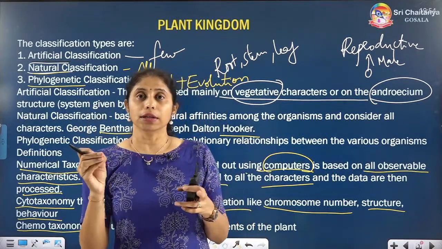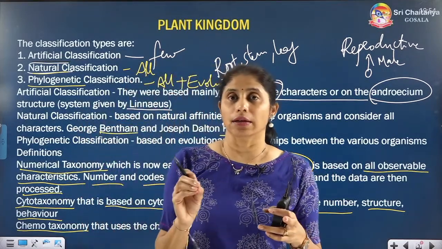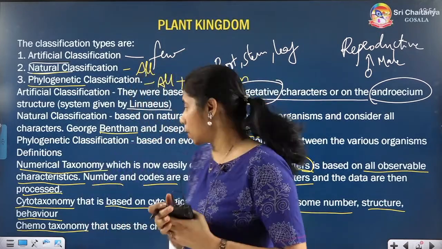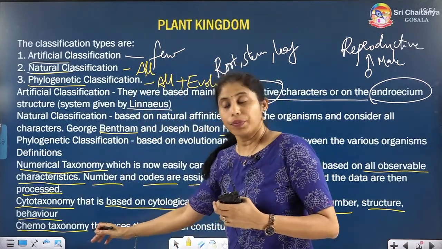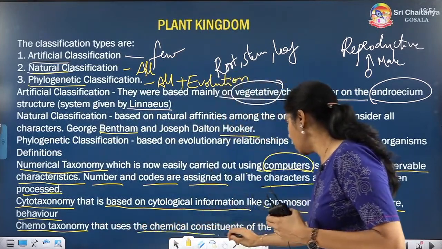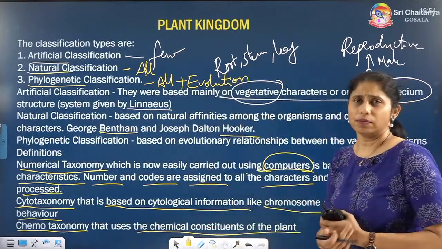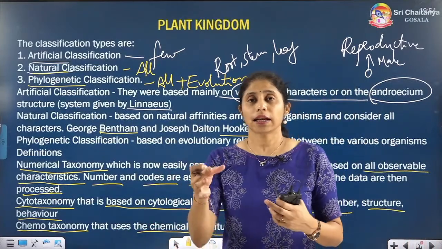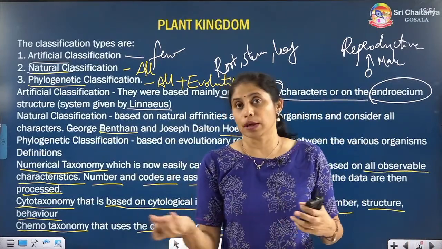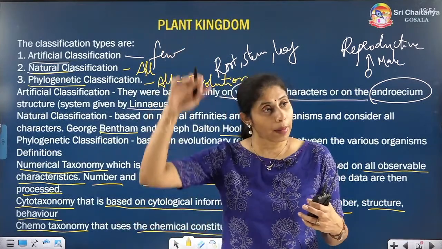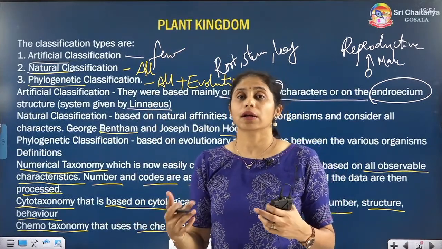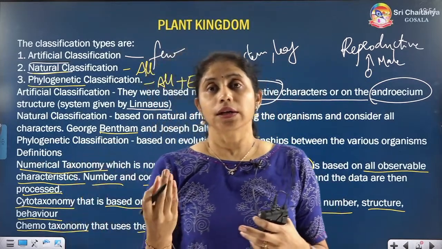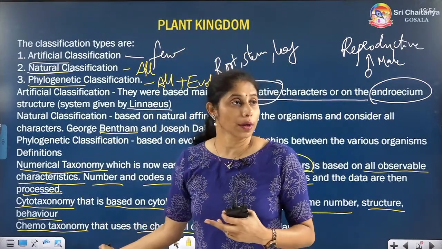If you take into consideration the chemicals present inside the cell, that type of branch is called chemotaxonomy. It considers all the chemical constituents of the plant. First the cell, then later the total plant body, which chemical constituents are present in the plant. That will be considered in chemotaxonomy.